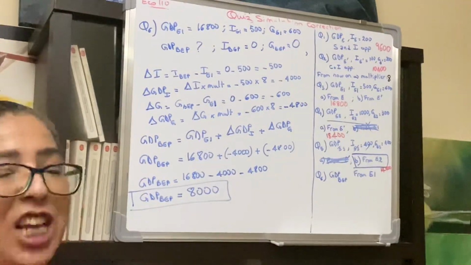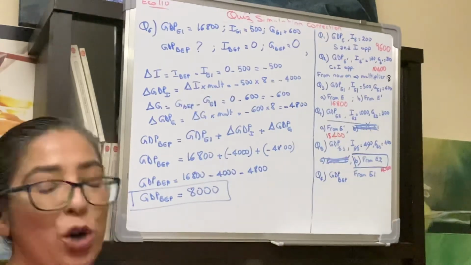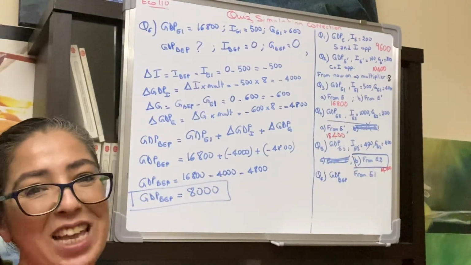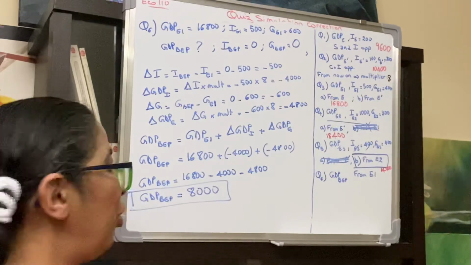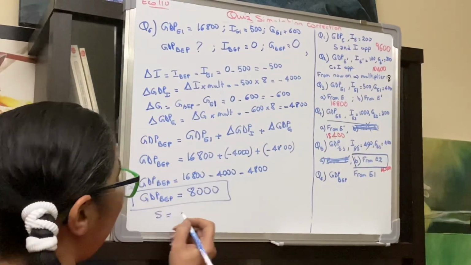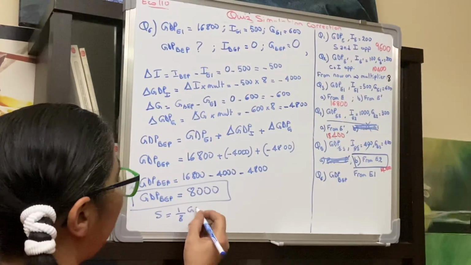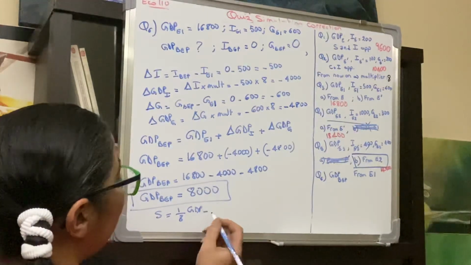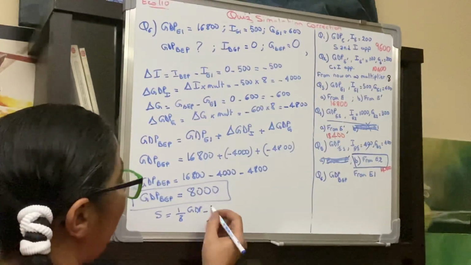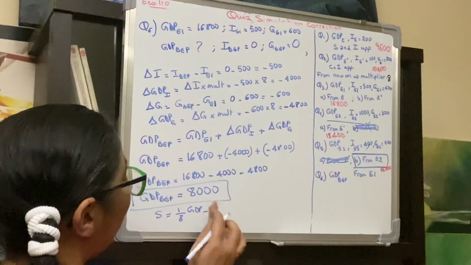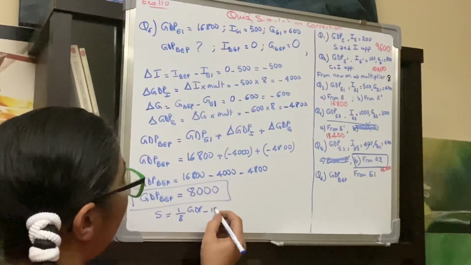Okay, you can check it with the C plus I approach or the S and I approach. Let's check with the S and I approach. I know that S is equal to 1 over 8 GDP minus 1,000, we calculated it earlier.